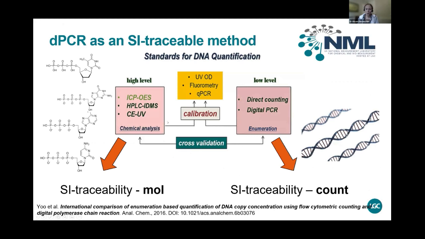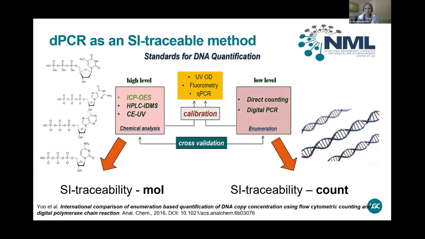This builds on some work with other national measurement institutes around the world, where the basis for digital PCR counting was compared with SI traceable approaches, such as isotope dilution mass spectrometry, which actually hydrolyzes the DNA and is then traceable through specific nucleotide standards.